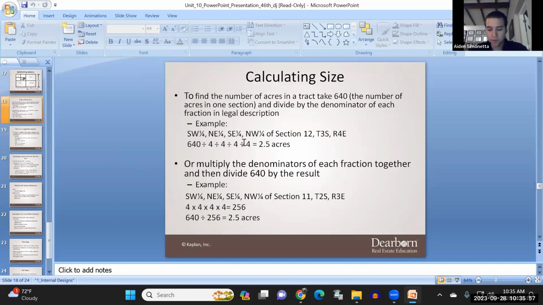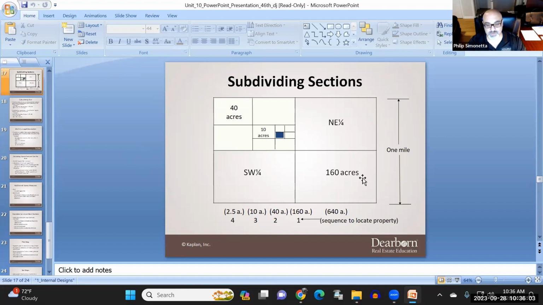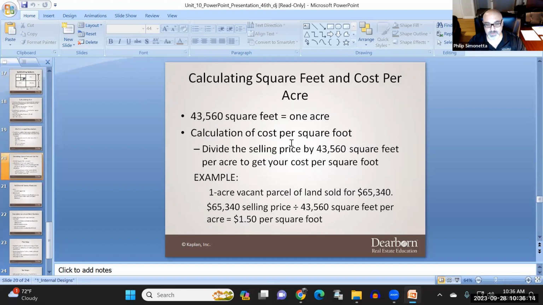Okay, I misheard. Right here, see? 640 acres per square mile. So if you have a square mile, 640 acres, how many square feet? 43,560 times 640. I'm just giving you calculations in case you see something.